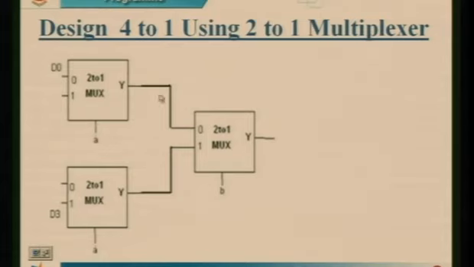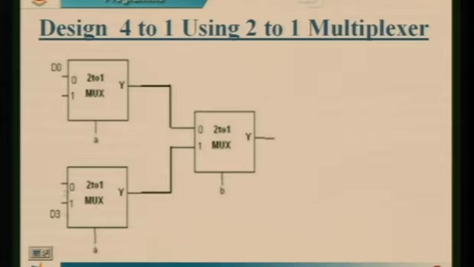How many 2:1 muxes have I used here? 3. Why 3? Because at the input side I want 4 inputs. Finally my circuit should look like 4:1, but a 2:1 mux has got only 2 inputs. Fine. So how to generate this?